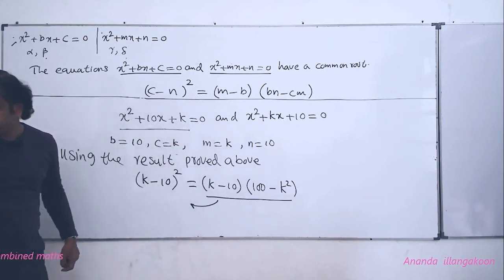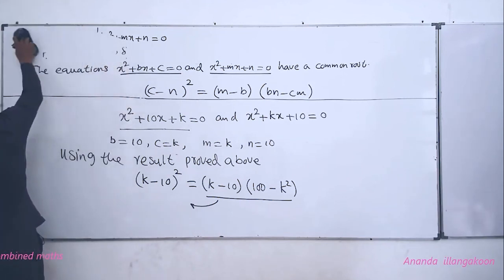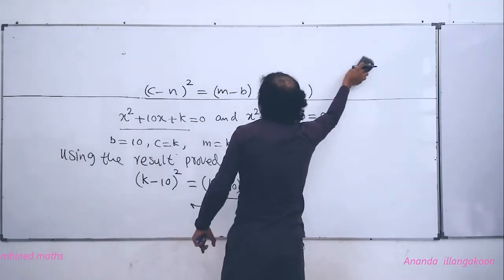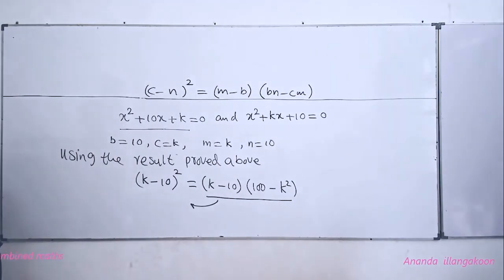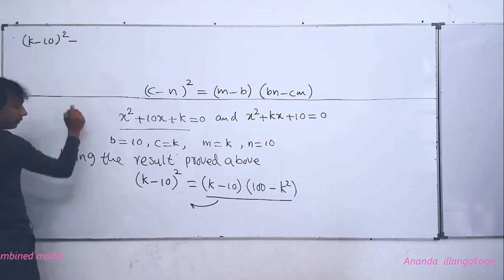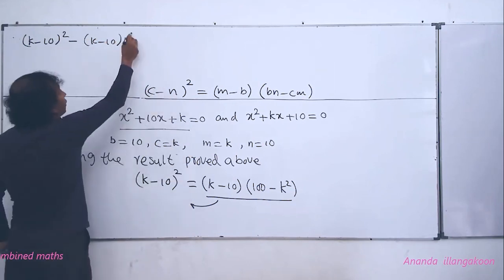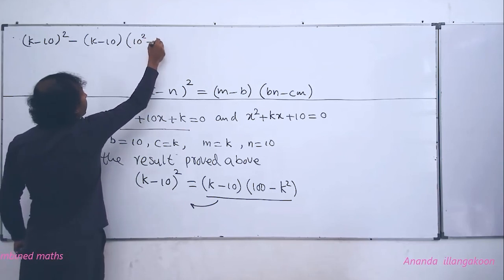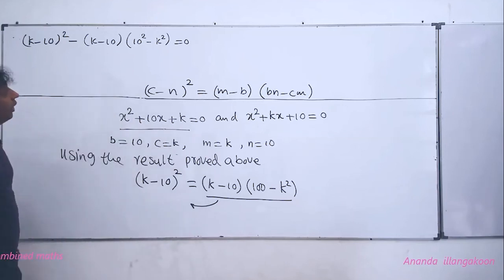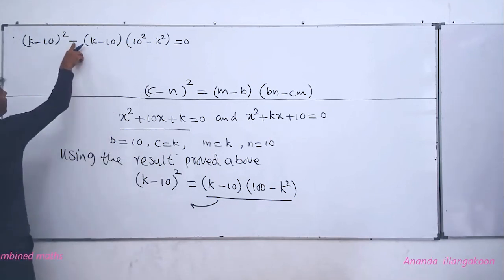Right? (k minus 10) perfect squared minus, once I bring this to the left hand side, we get a minus sign, no? (k minus 10), and that 100, people, we can write as 10 squared, and k squared like this, equals 0 now. This 100 I wrote as 10 squared with the idea to factorize this. Right, people? I can bring this minus sign inside this.